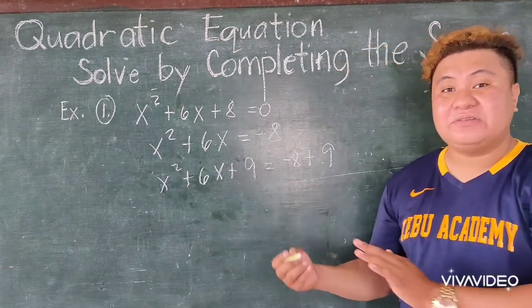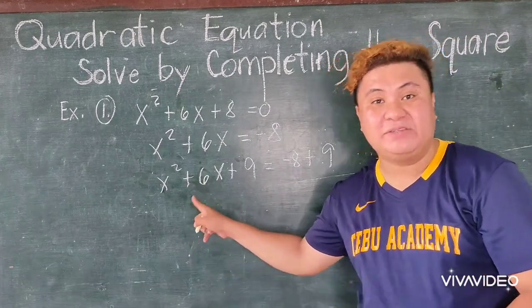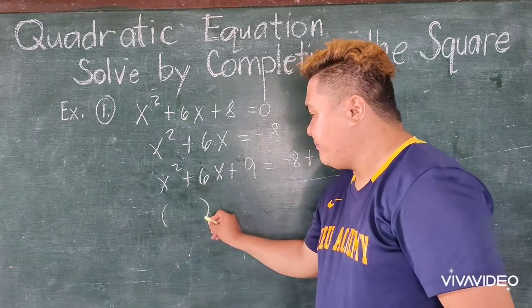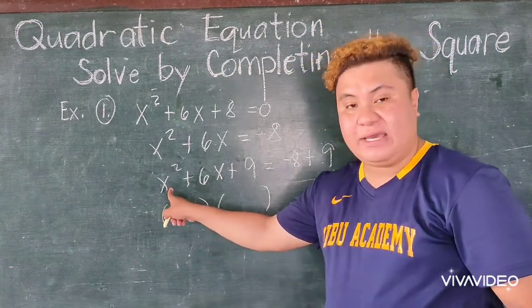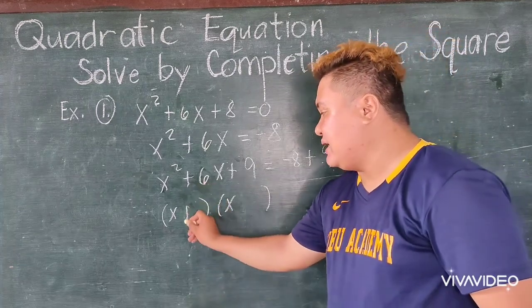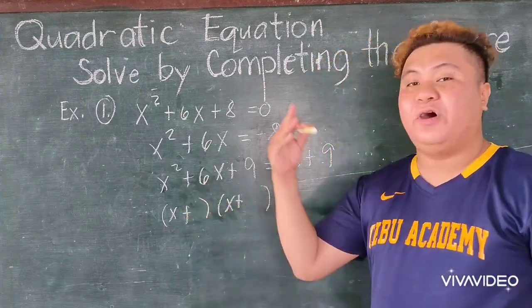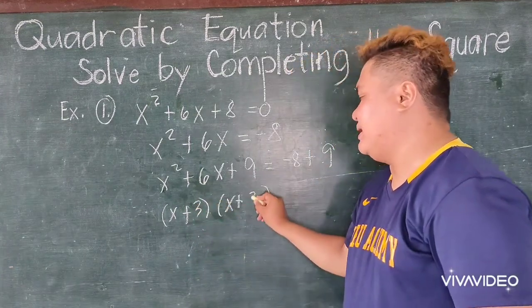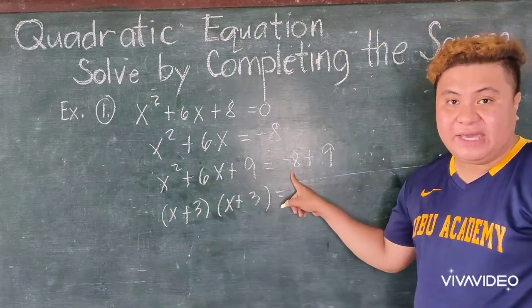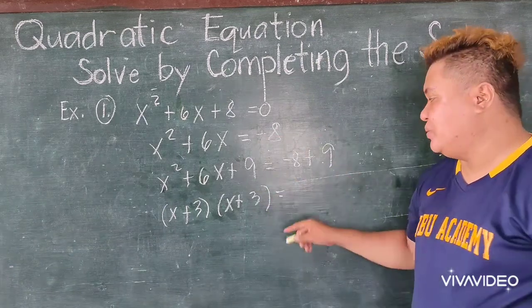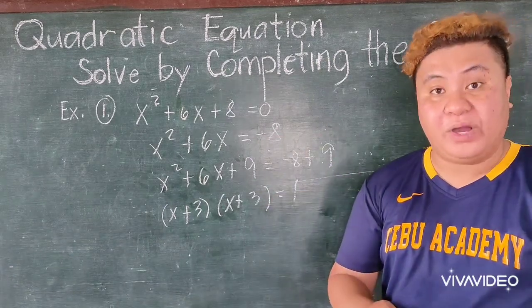Since 6 is positive, they are all positive. So we can write x and x, and as we said a while ago, it's all positive 3. So x plus 3 times x plus 3 equals negative 8 plus 9. Since 9 is bigger than negative 8, we get positive 1.